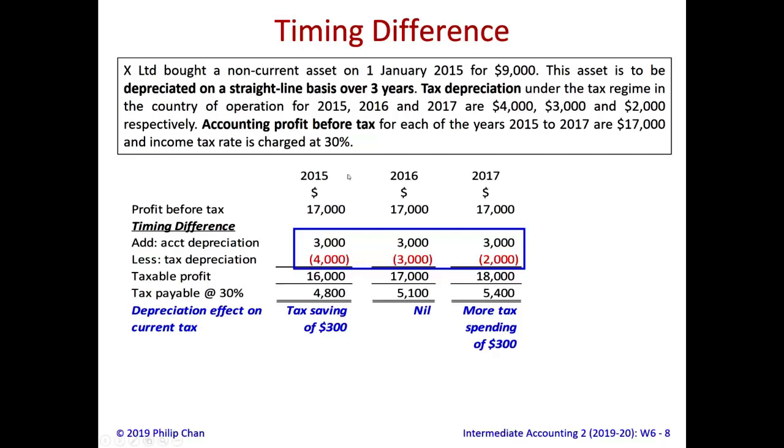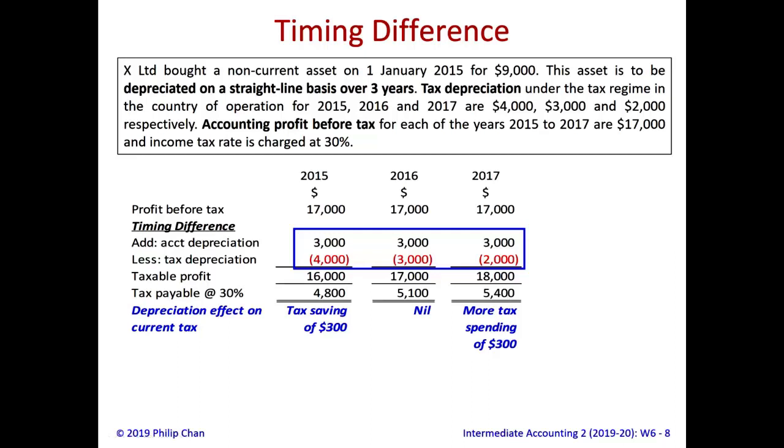Okay, now remember the tax rate is 30%, so 16,000 times 30% is 4,800. And 17,000 in the year 2016 times 30% is 5,100. And the final year 2017, 18,000 times 30%, 5,400 respectively.